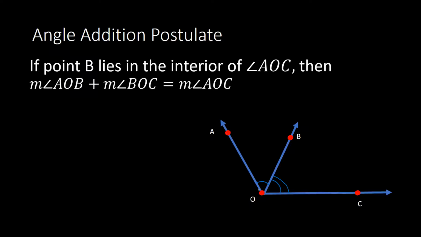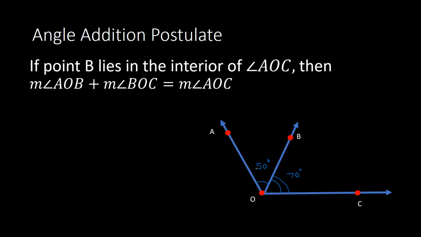big angle AOC. This maybe does not seem too obvious or too intuitive, but if we put actual numbers in here, it's going to make much more sense. Let's say the measure of angle AOB is 50 degrees, and the measure of angle BOC is 70 degrees.